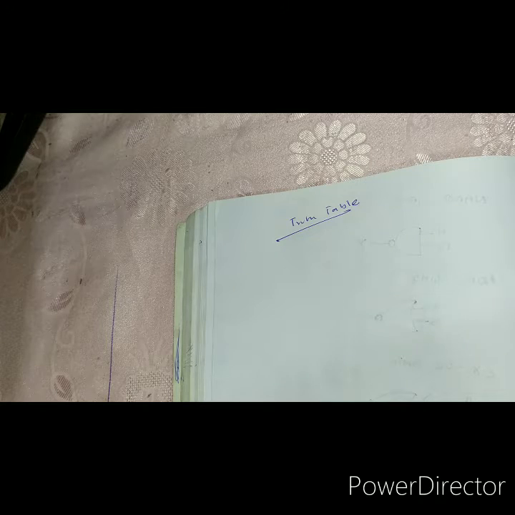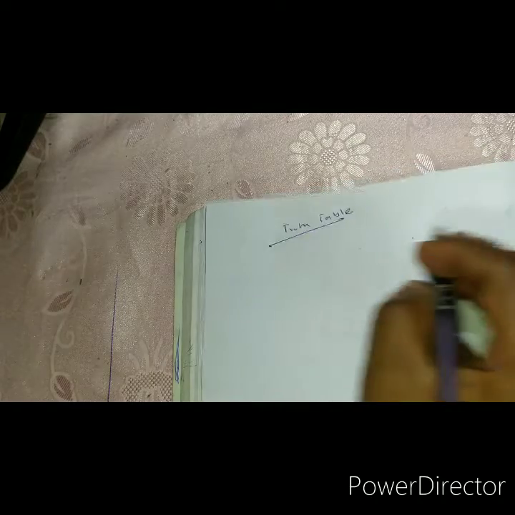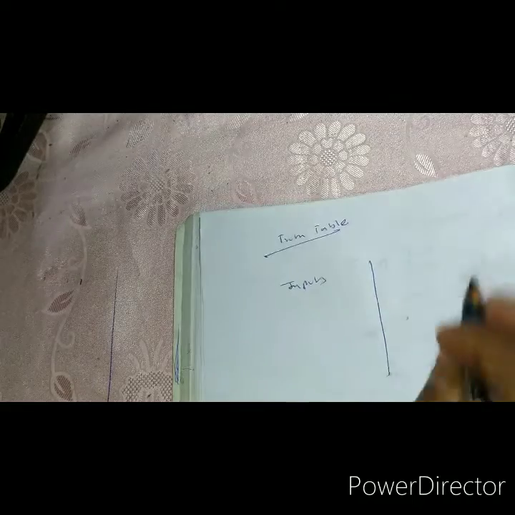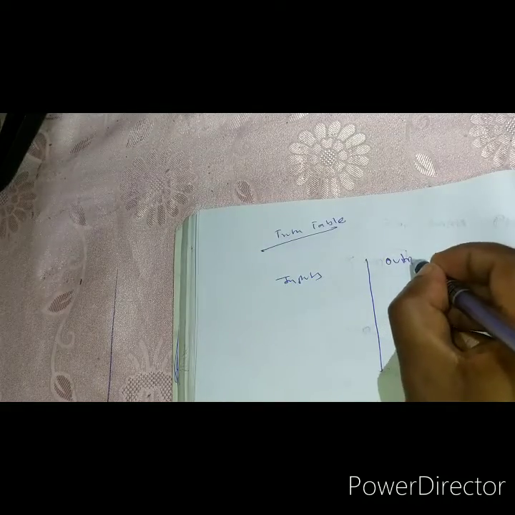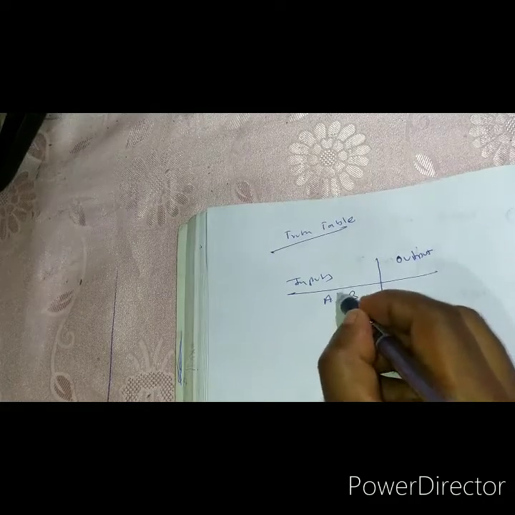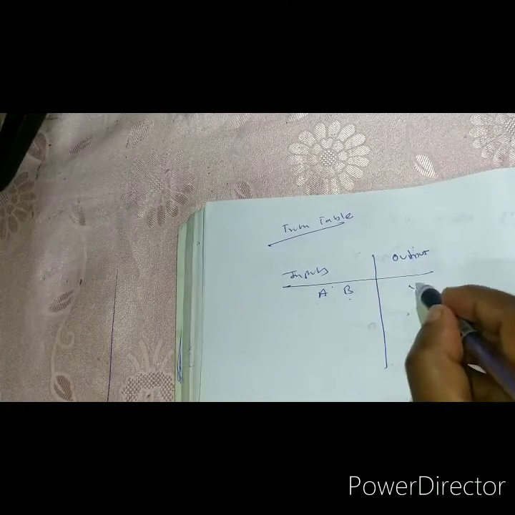The truth table defines what the output of a logic gate will be for a particular combination. A truth table always contains columns for inputs and for the output. It may have two or more inputs but only one output.